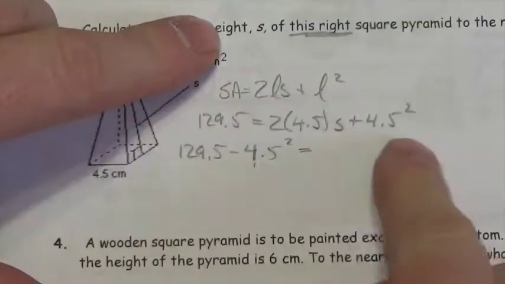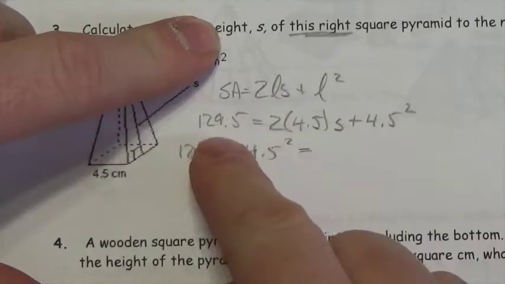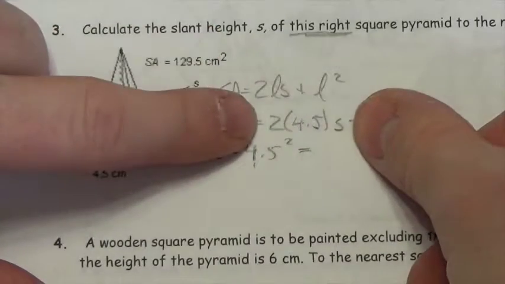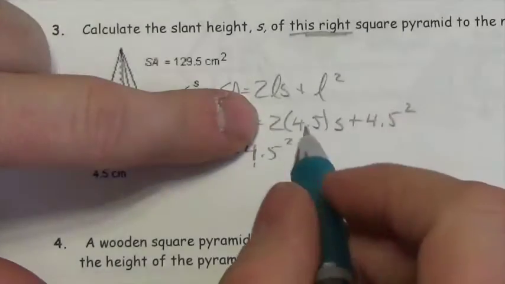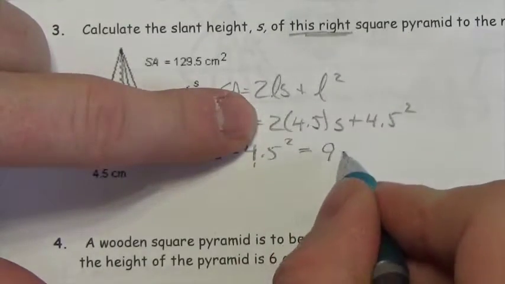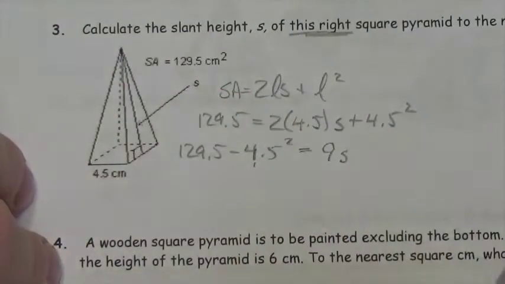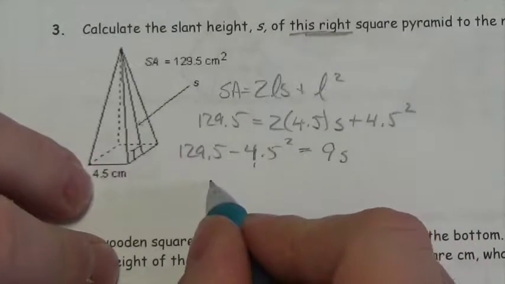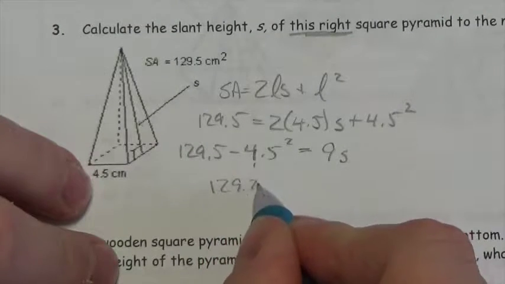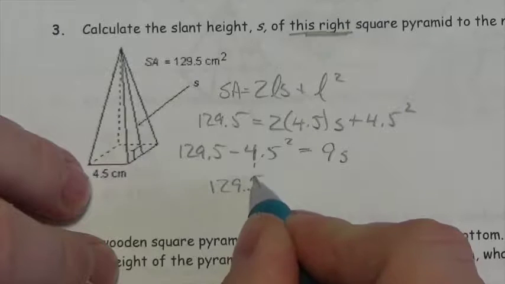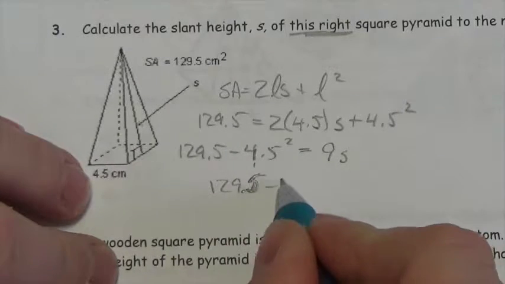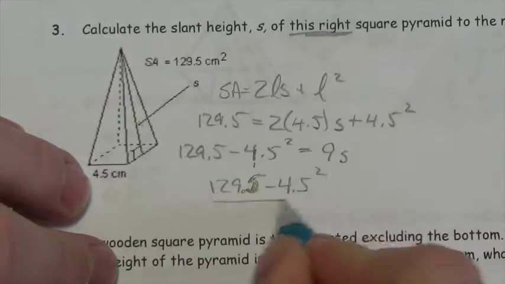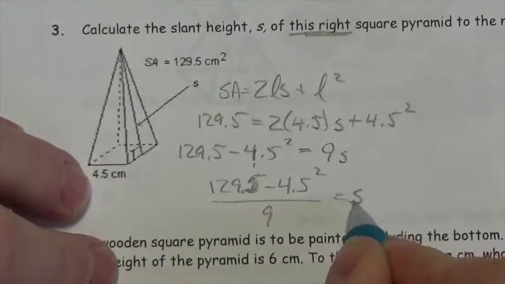Basically I'm moving it to this side, and if it's positive on this side, it becomes negative on this side. Now I'm going to be left with this term on the right-hand side, but I'm lazy, so I'm just going to deal with this right now. 2 times 4.5 is 9. And so the last thing I'm going to do here will be to take 129.5 minus 4.5 squared, and we're going to divide all of that by 9, and that's going to get me s.